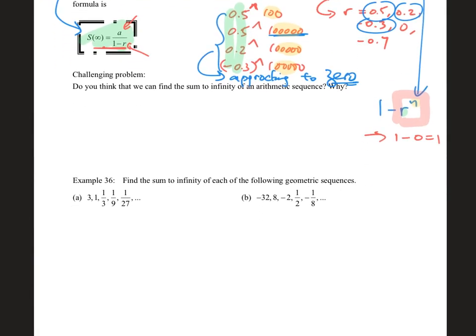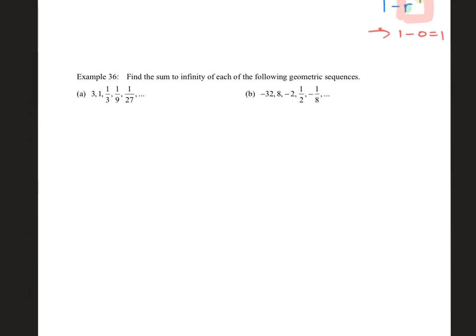Now we go to example 6 for demonstration. I'm asking you about sum to infinity for a geometric sequence. Let's write down sum to infinity here for my convenience to explain the question. The key to sum to infinity is that you need A and R. So in part A, A is 3. R, do you remember how to find it?